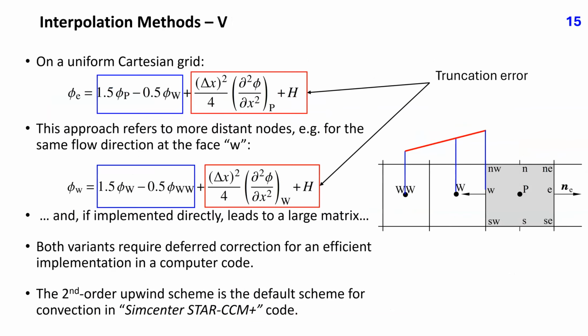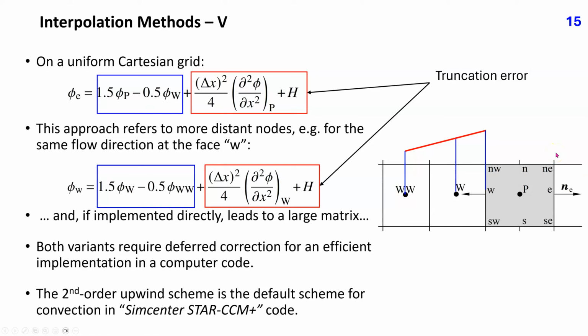On a uniform Cartesian grid for u greater than 0, linear upwind scheme leads to the following expression for extrapolated variable values at E and W face centers. The scheme thus refers to more distant nodes like WW, EE, and so on.